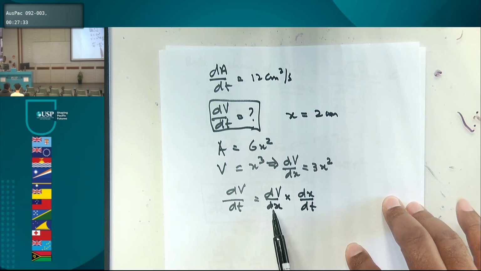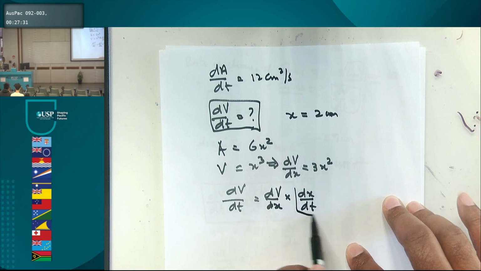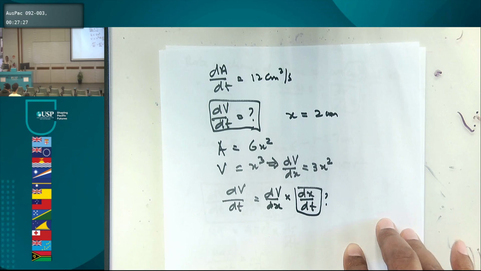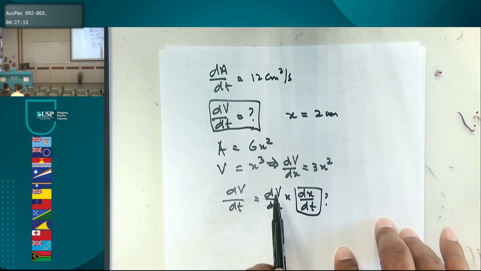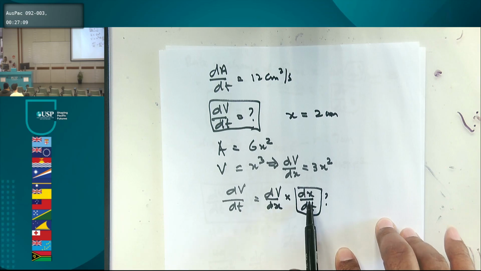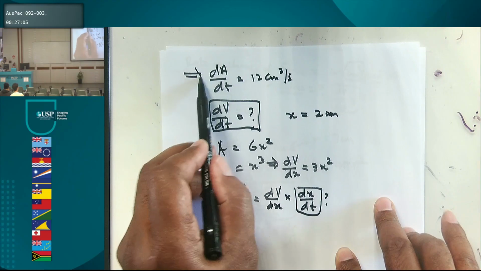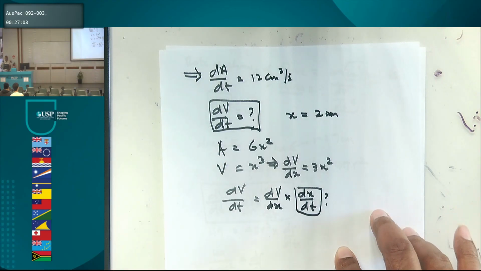So I know this, but I have a problem. I do not know the value of dx over dt. That I do not know. Now I'm thinking, now that I have an expression for dV over dx, I do not know dx over dt, but I know that dA over dt is given.